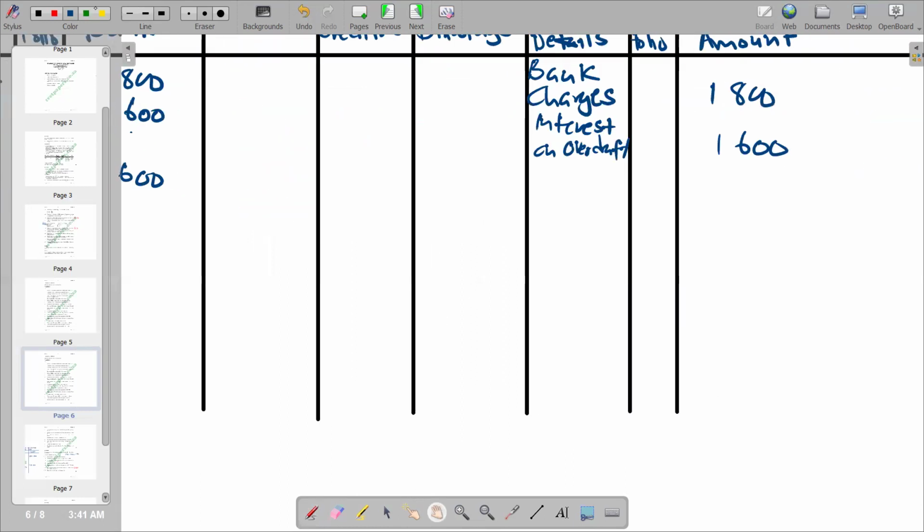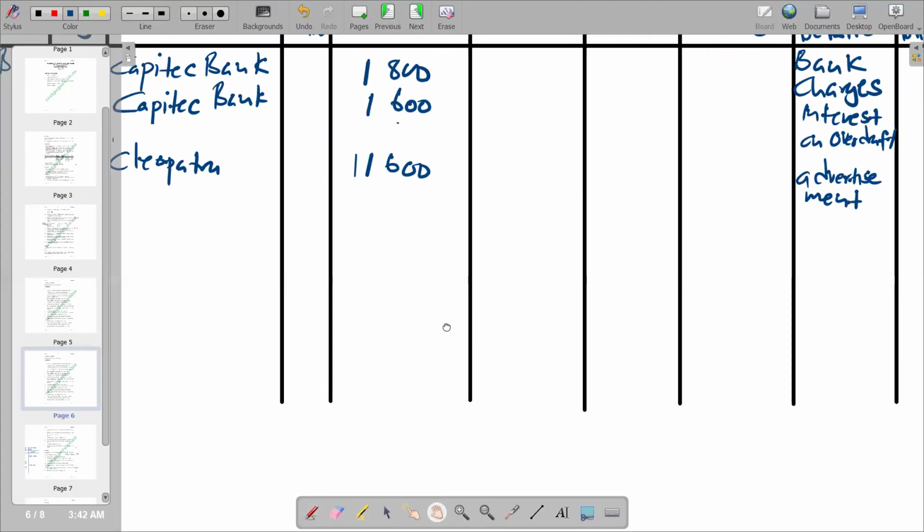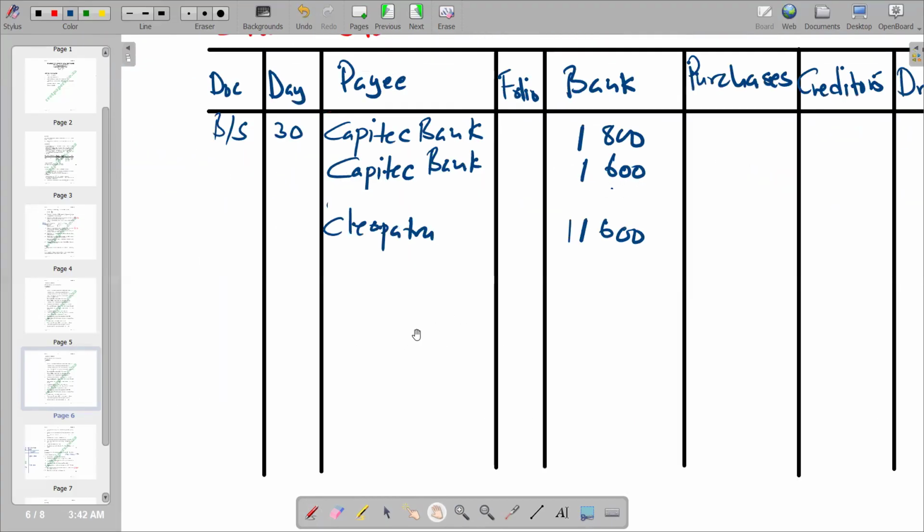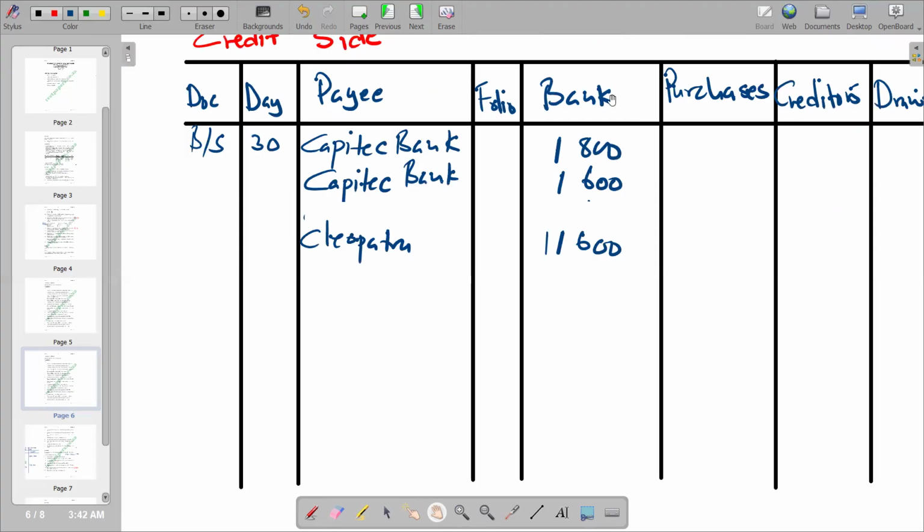So we're saying it's an advertisement. So this is what we have in terms of our advertisement. And obviously, we now try to check in terms of the next transaction that we have.